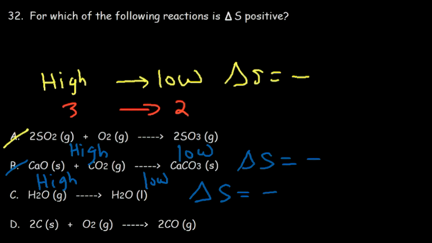Now for D, we have 2 carbon atoms plus oxygen gas, and it turns into 2 carbon monoxide gas molecules. So we don't want to say it's 3 to 2 and assume that entropy is negative, because the entropy of a solid is very, very low compared to the entropy of a gas.